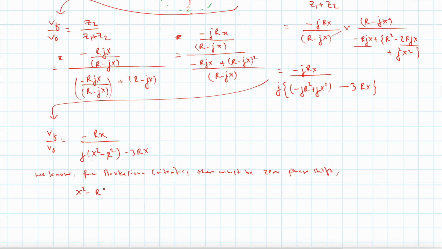X square minus R square equal to 0, which is X equal to R, and we know XC equal to 1 by omega C. 1 by omega C equal to R, and this is further reduced to 2 pi f C R. Therefore frequency is equal to 1 by 2 pi R C.